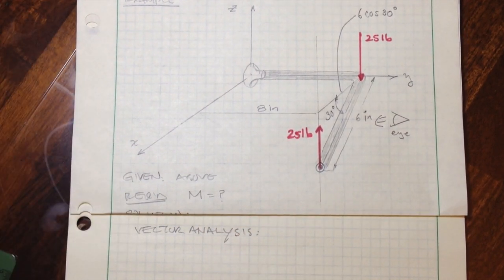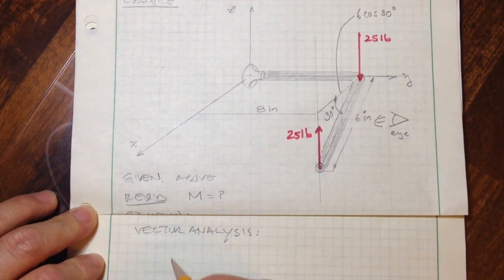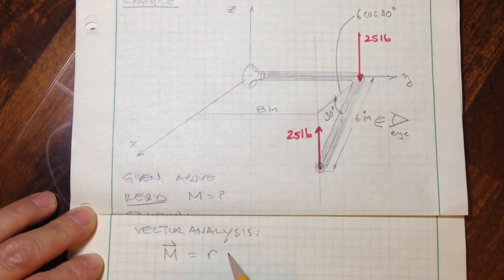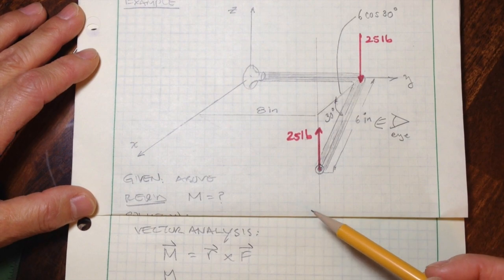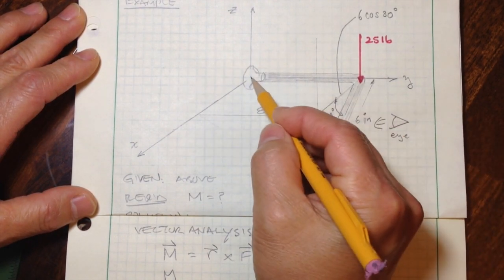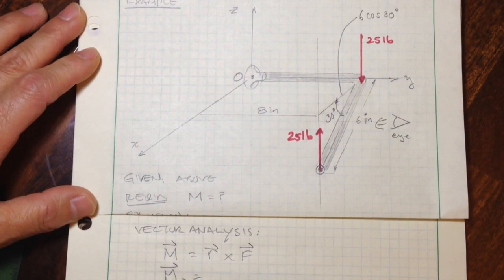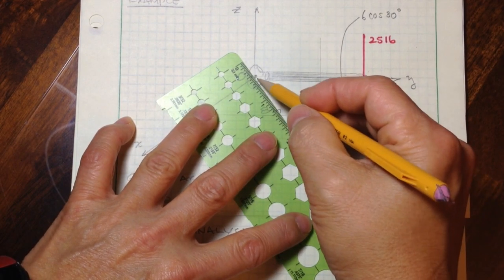Okay, so to determine the couple moment, we can use a formula that says the couple moment is equal to R cross F. I'm going to take the moment of each of these forces about point O. So that would give me this position vector right here.